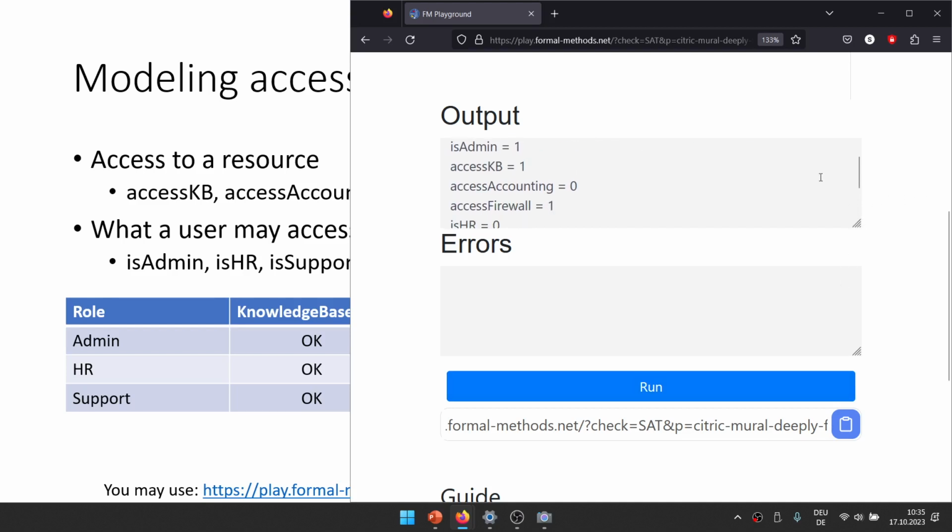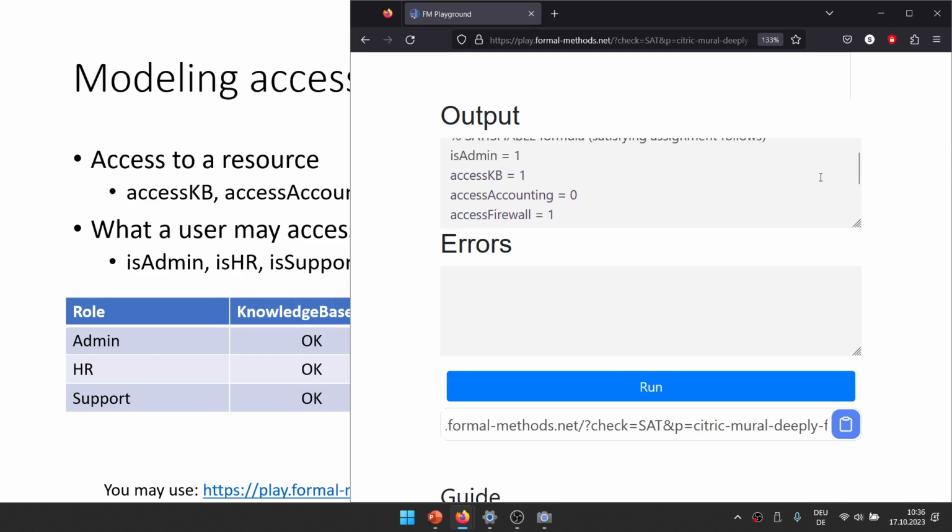Okay, so we have an answer where now we have somebody who is an admin, who is not HR, and who is not support. So somebody who's just an admin. And they have access to the firewall, the knowledge base, and not to accounting. Sounds good? Okay, good.